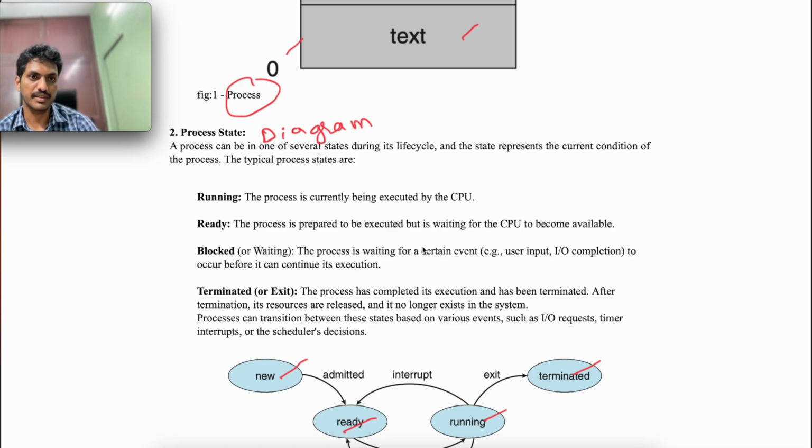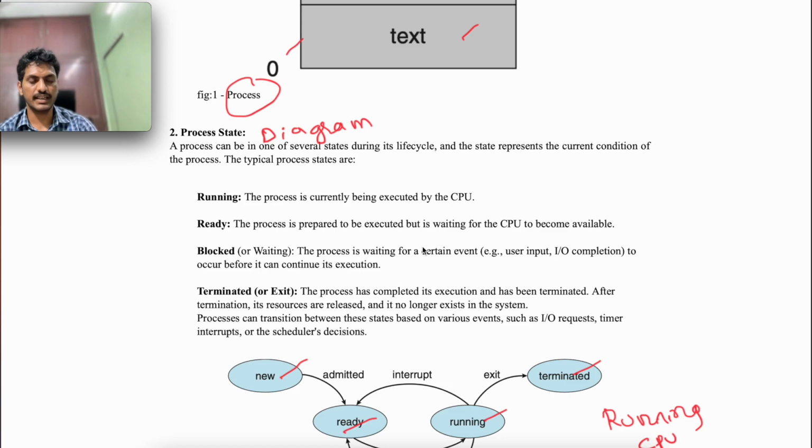At the running state, the CPU is available to that process. Then the ready state means: I am ready to get executed, I am ready to meet the CPU.